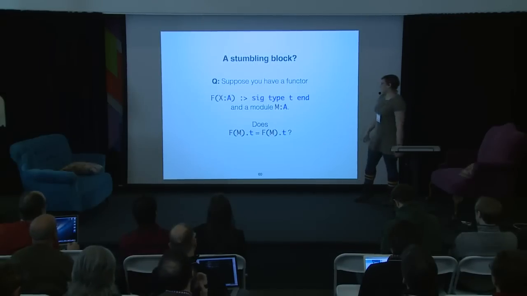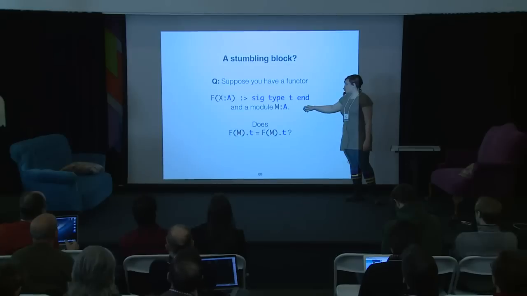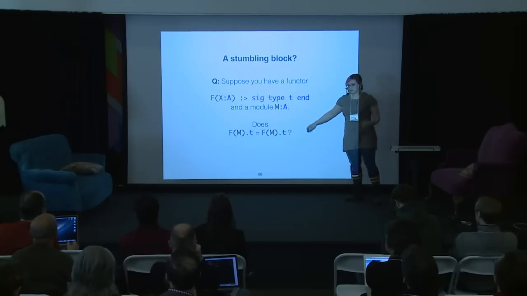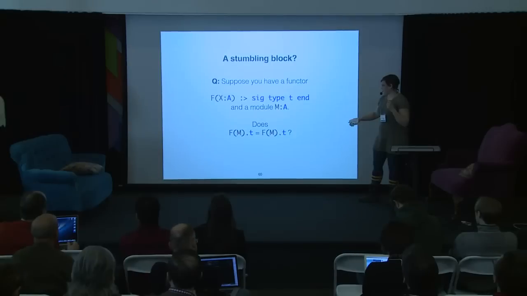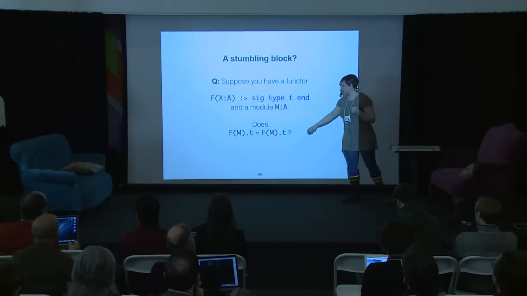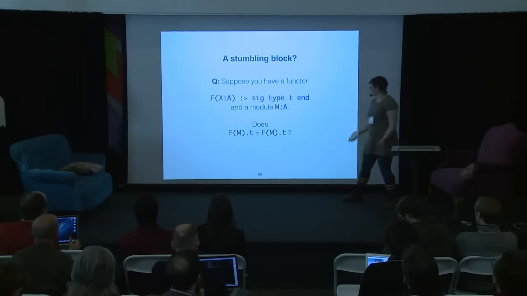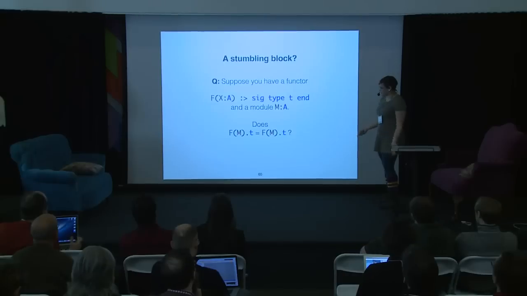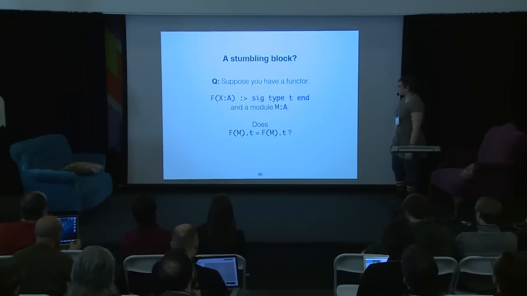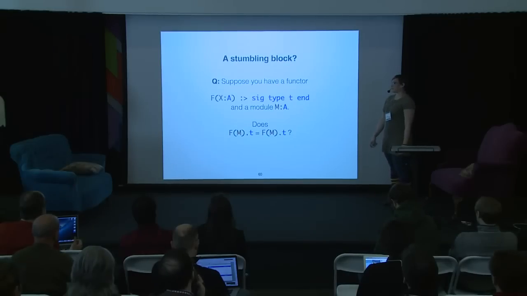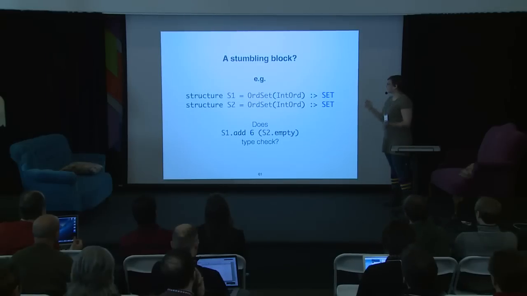Then you're given some module M which implements that signature, and you ask this question: is F(M).t, that abstract type, the same as F(M).t? And this is not a typo, the two sides are the same. So we should expect equality to be reflexive, and that this might be the case, but in fact it's not.